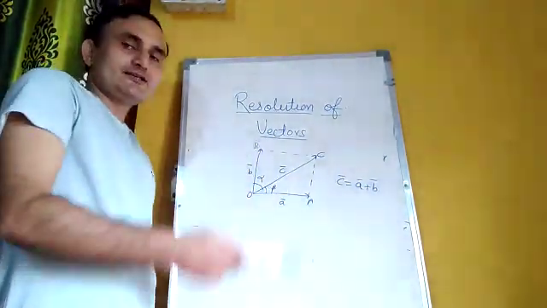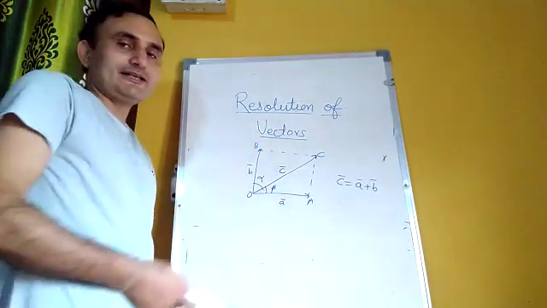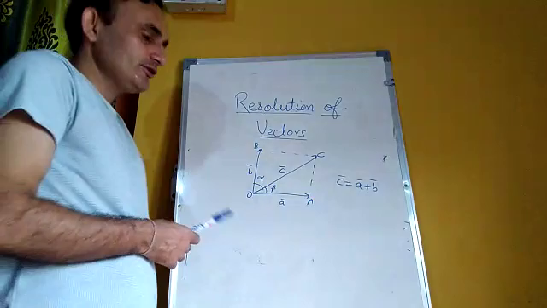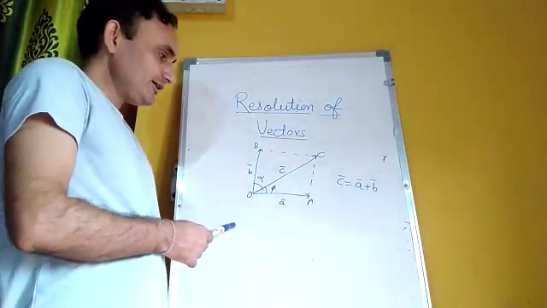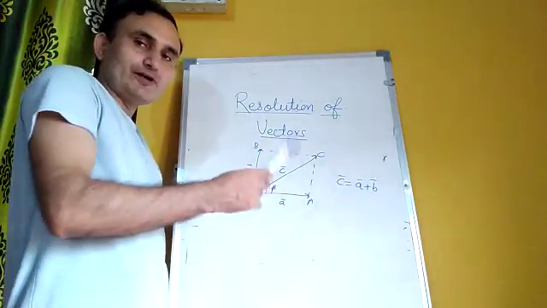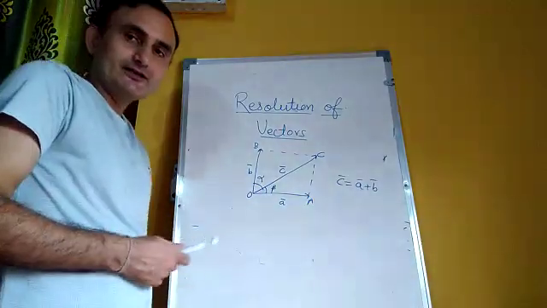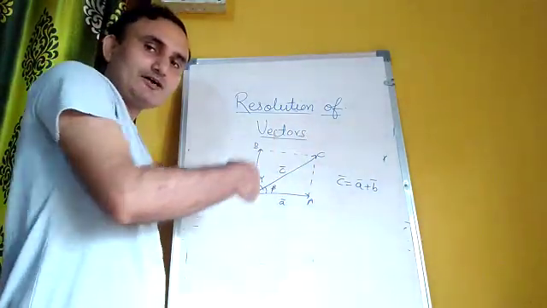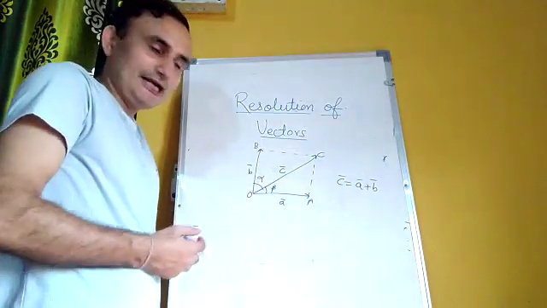Vectors, as you already know, are physical quantities having both direction and magnitude. In the last video I told you how to add two vectors, in a video on the parallelogram law of vector addition.